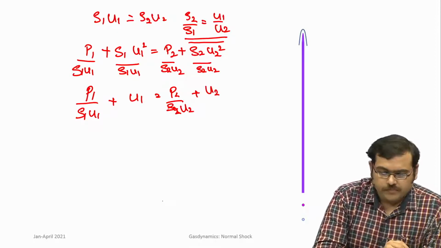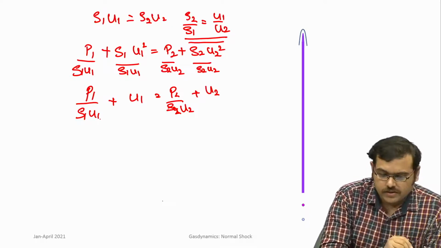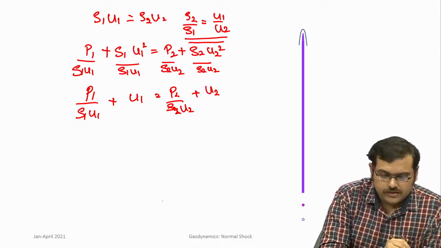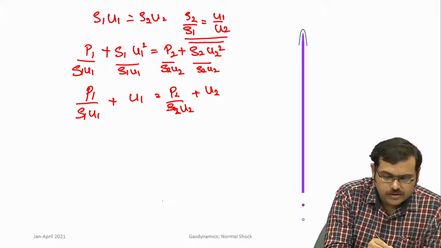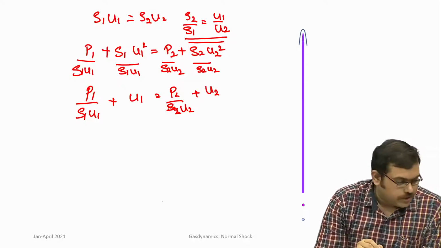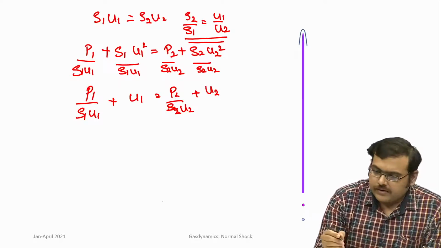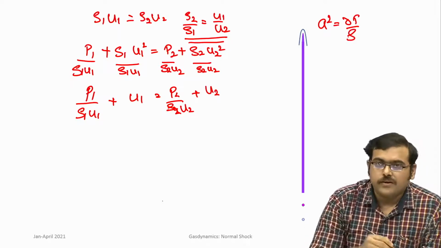Now if you look at this, there is a combination P1 by rho 1, and here a combination P2 by rho 2, and we know that for a perfect gas A square is gamma P by rho.